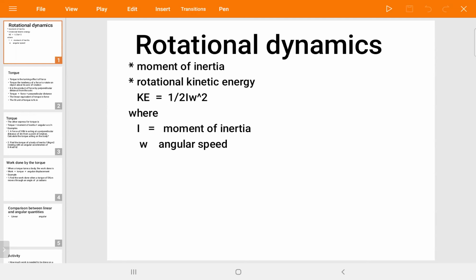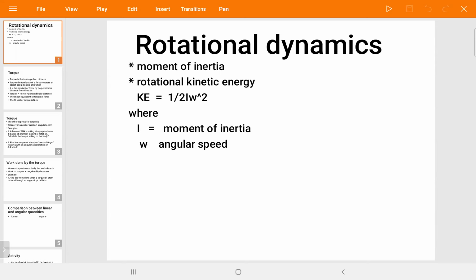As you have said, I depends on 4 factors, and omega depends on the rotational speed of an object. So moment of inertia depends on the size, the mass, the shape, and the rotational axis. In turn, even kinetic energy depends on these 4 factors, and in addition, on the angular velocity of an object.